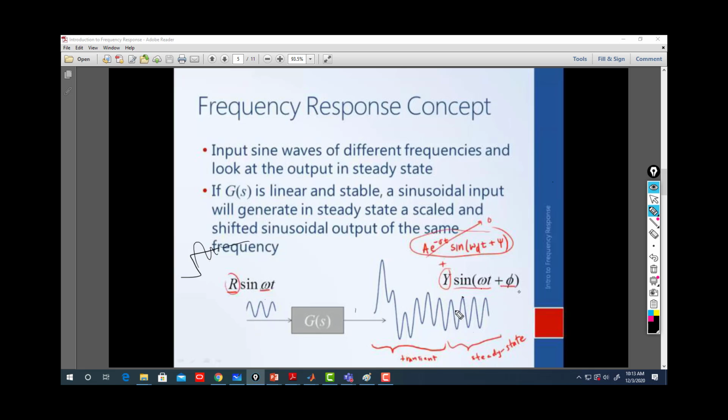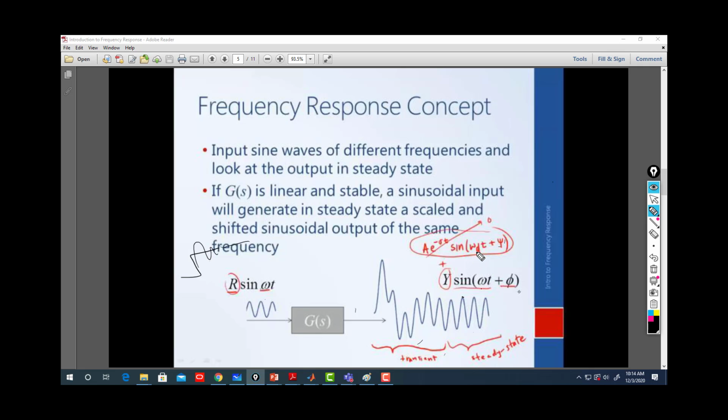And what about the transient response? The transient response is governed by this equation, which is A e to the minus sigma t, sine of omega d t plus psi. What does this mean?